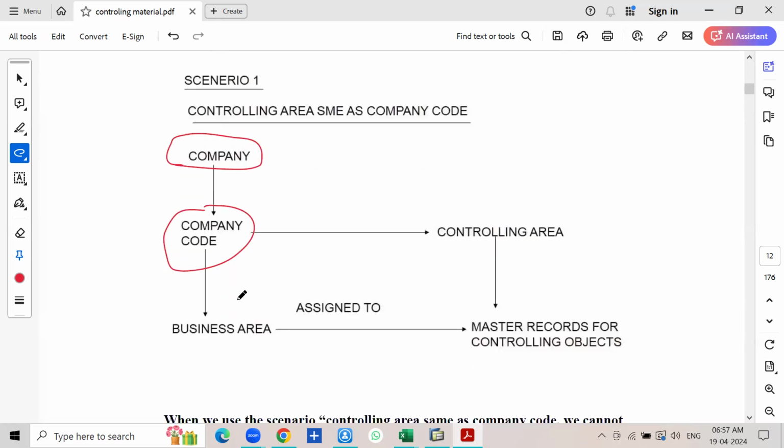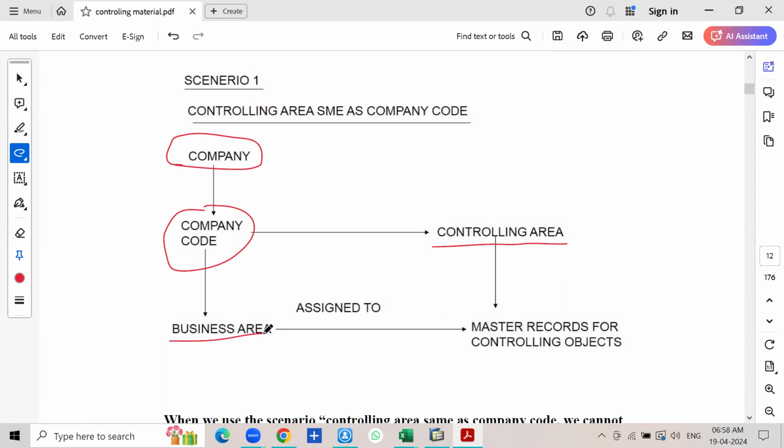Then under the controlling area, you create the master records for all the controlling objects like cost center, internal order, profit center, etc. In every controlling object master record, we assign the business area.